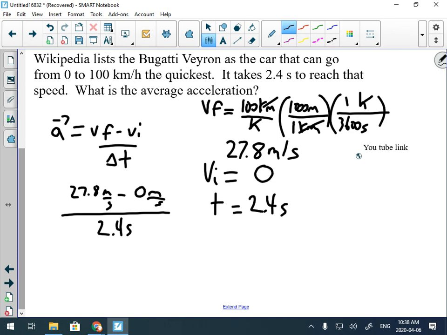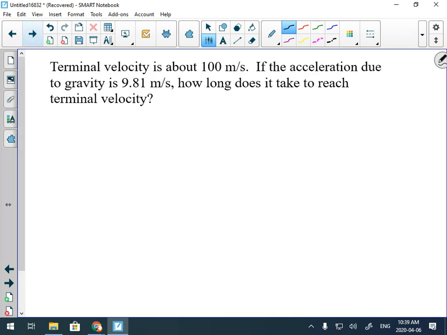So when I divide that out, I get around 11.6. And what's our unit for acceleration? Meters per second squared. Now, were we moving faster over time? The answer is yes. So we have positive acceleration. Okay. Let's try another one.